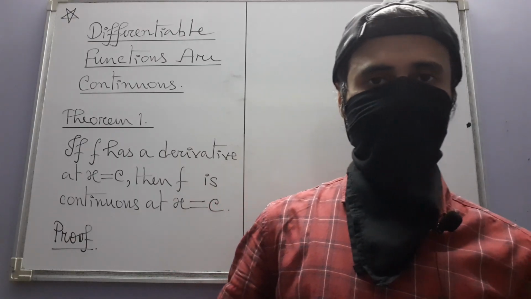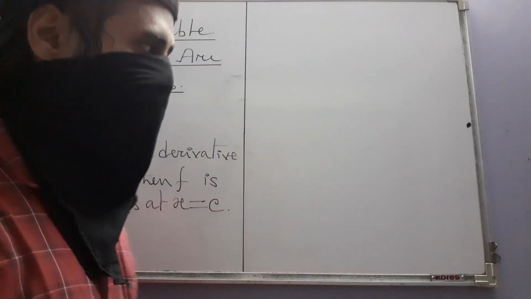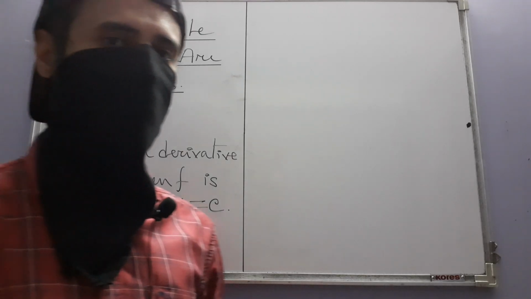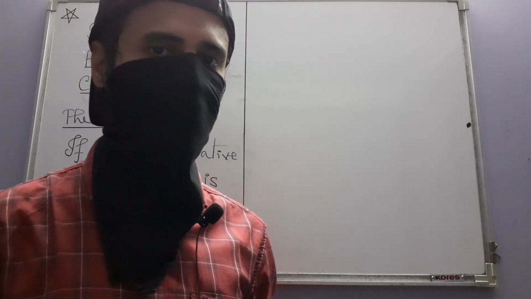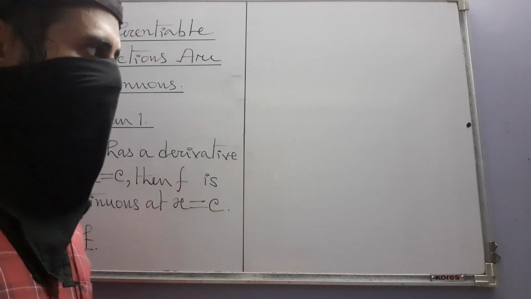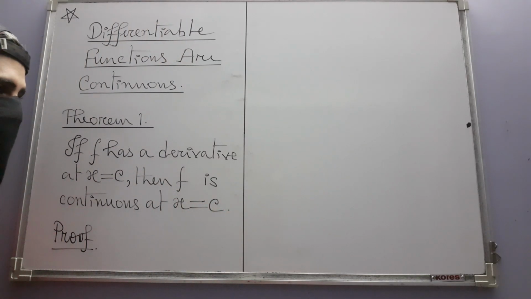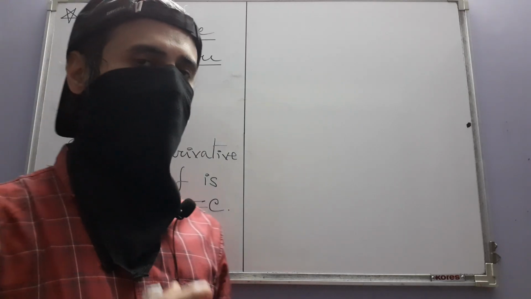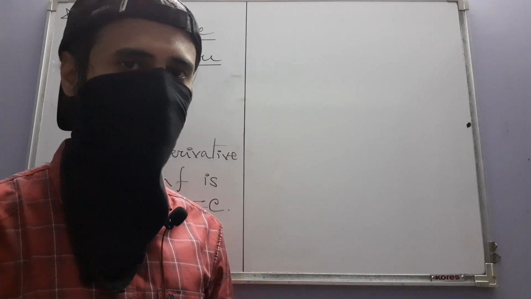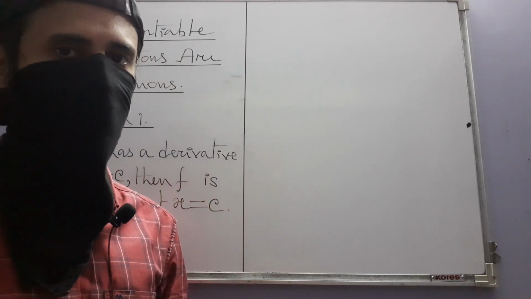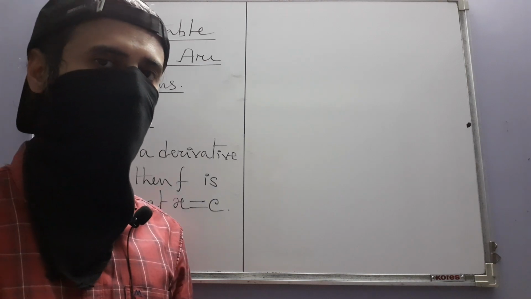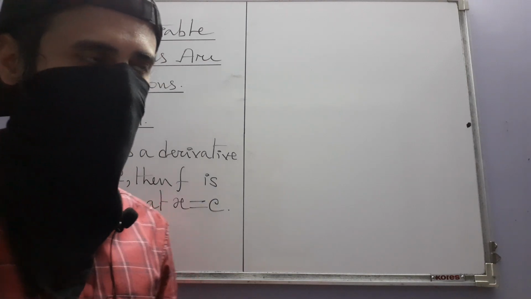Okay, so let's recall that in the previous calculus video, we discussed some types of points at which a function is not differentiable. Among such points is also the type where a function is not continuous. Such points are called points of discontinuity, points in the domain of a function at which the function is not continuous.